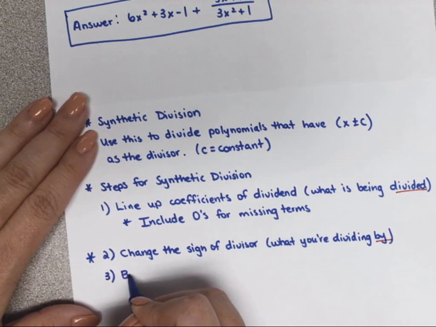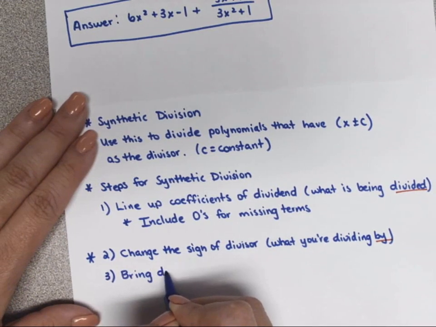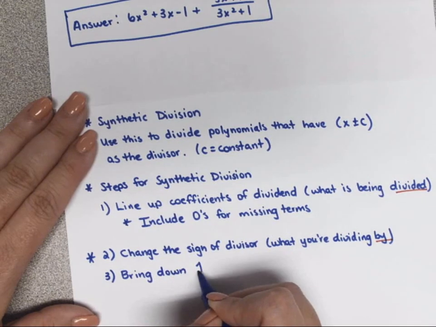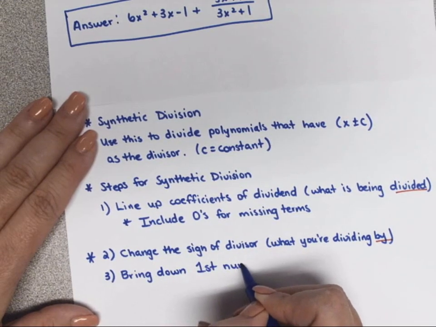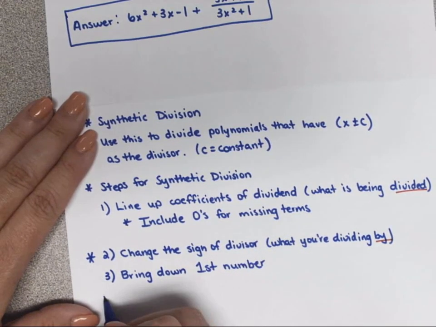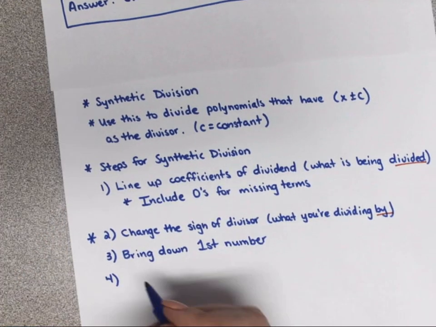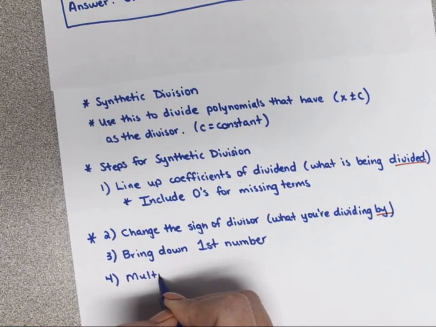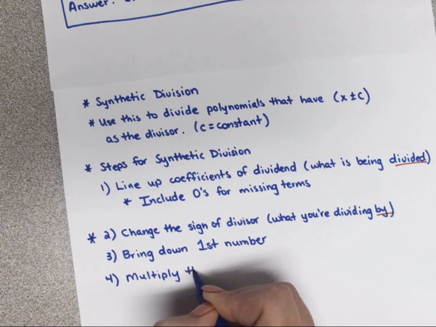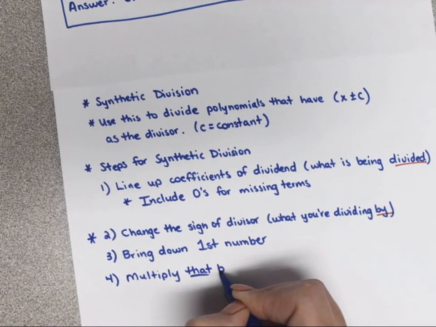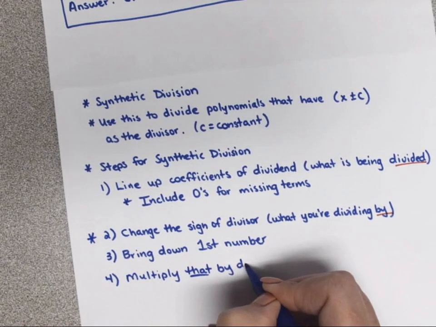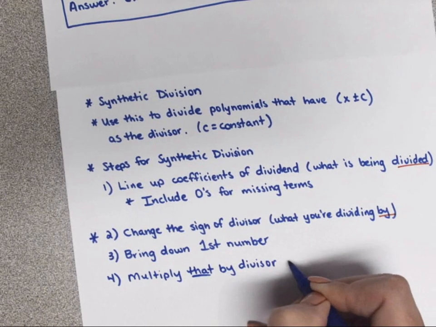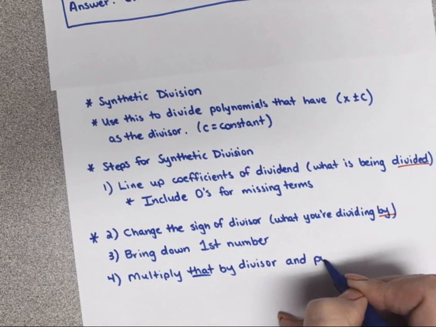Step number 3 is you bring down the first number. And then you multiply that by the divisor and put the result in the next column.